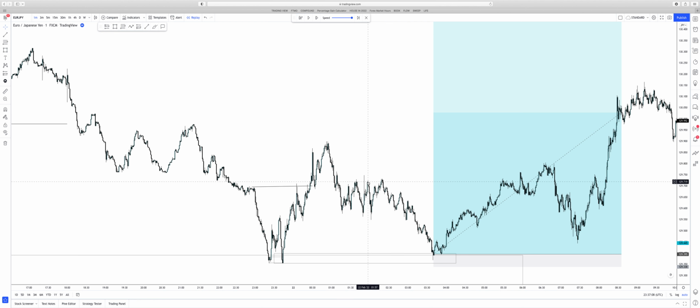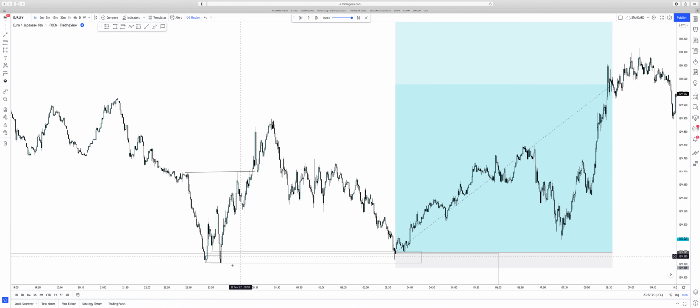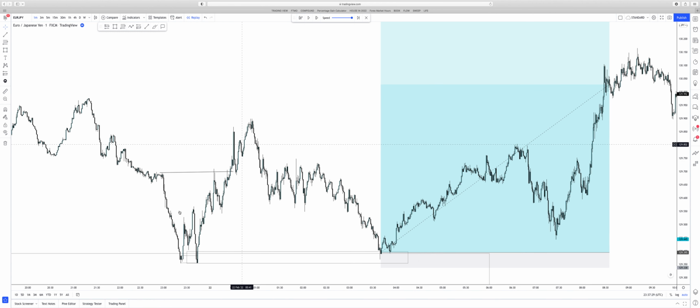So if it taps into the 1 hour order block, I'd use the 1 minute to enter the trade. Now if it just taps in, sometimes it can come back and fill it fully because obviously there's more liquidity within the order block. So be aware that sometimes a tap might not go to your full target.